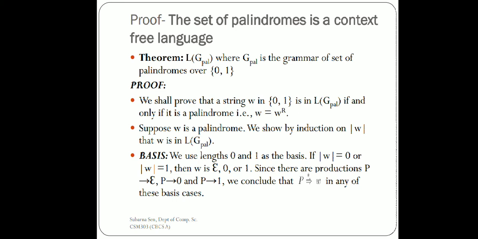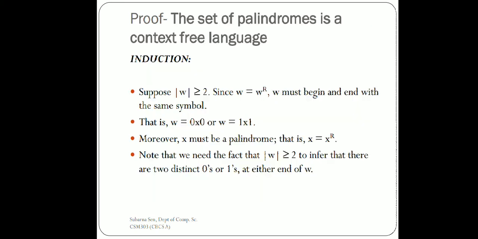Now if the length of W exceeds 1, it can be 2, it can be more than 2, it can be anything. In that case we have to follow the method of induction. Now we assume the length of W to be equal to or greater than 2. For it to be a palindrome, it should be equivalent to W reverse.